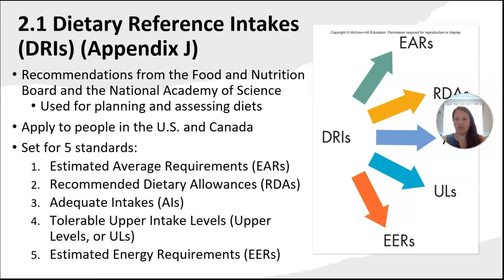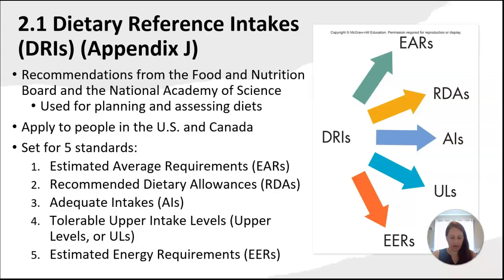Okay. So we're going to start right off with the first part of this chapter, 2.1. And here we're going to talk about the dietary reference intakes, which we use DRIs in short to represent. There's a tool, Appendix J, that you'll see.